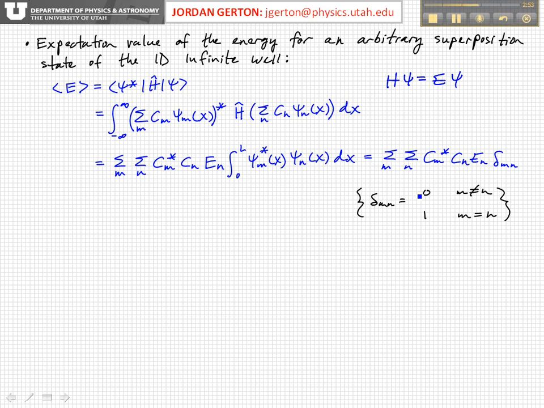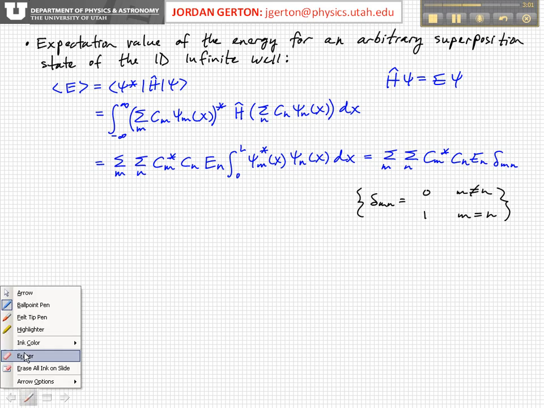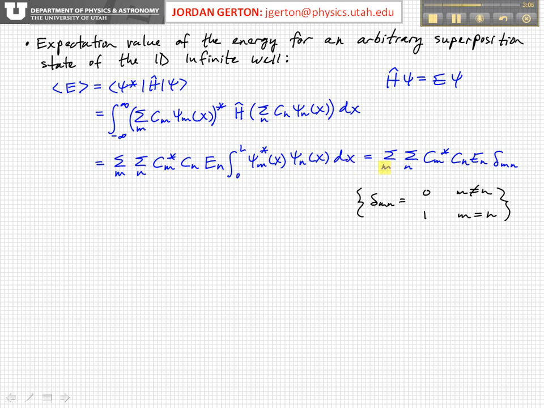So that we can bring the energy out, and then we still have the integral. Now, when we do this integral, remember these basis states, the psi m and the psi n, are orthogonal to each other.